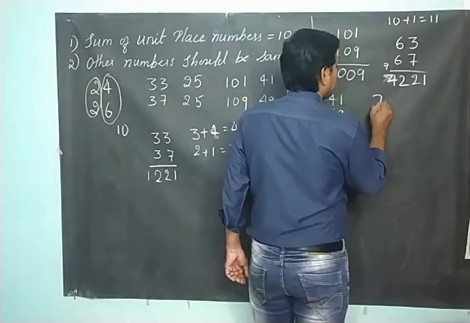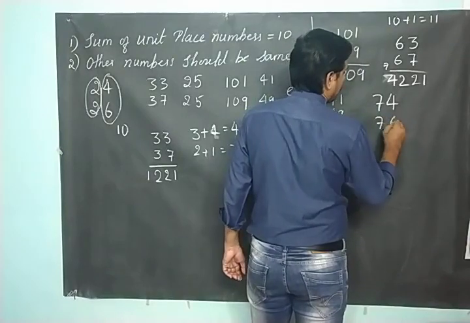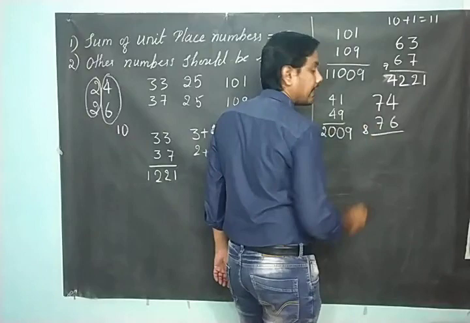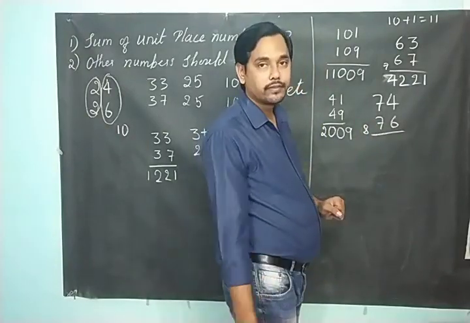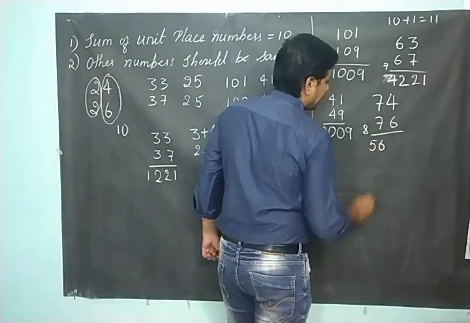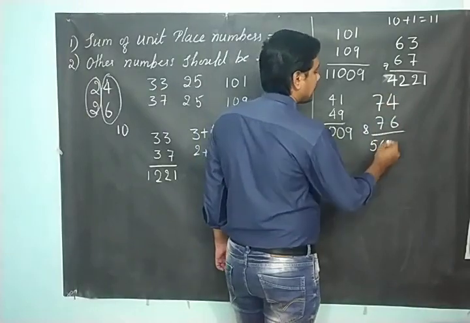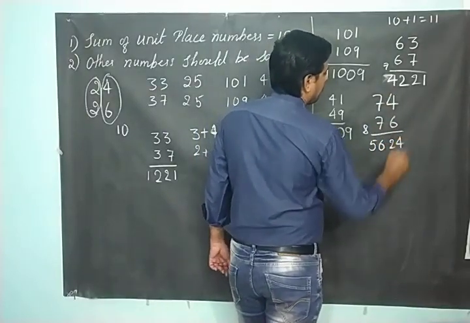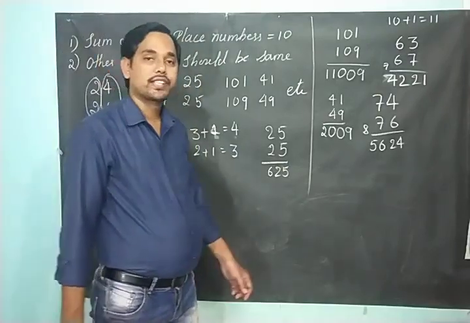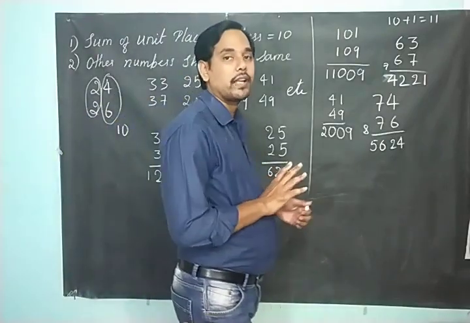You can take 74 into 76. 7 plus 1 is 8. 8 into 7 is 56. 4 into 6 is 24. So the answer here will be 5624. Okay. So this is how we need to apply this trick here.